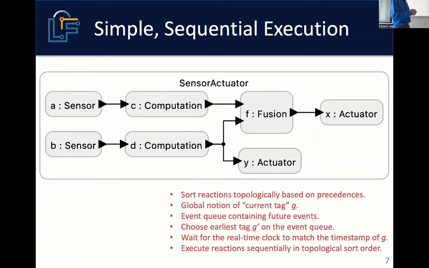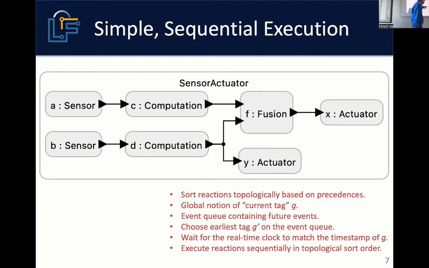The way that the execution algorithm works is that you sort the reactions. Well, this is actually only for sequential execution. The more general case is you treat this as a directed acyclic graph, and then assigning levels in the graph is one way to enable parallel execution.